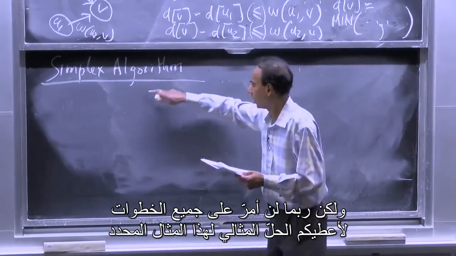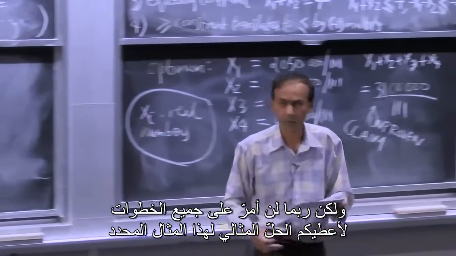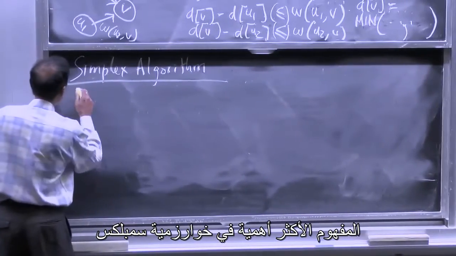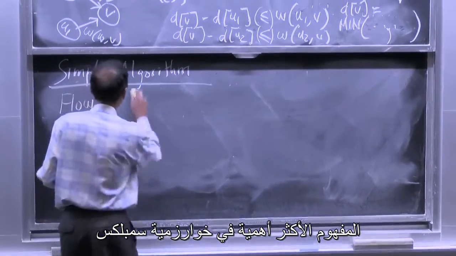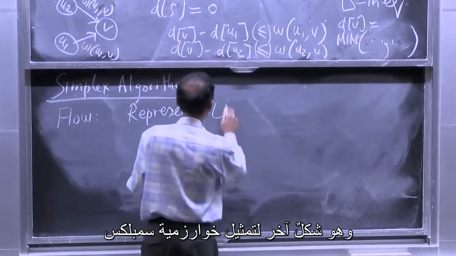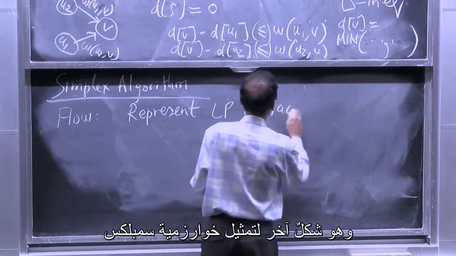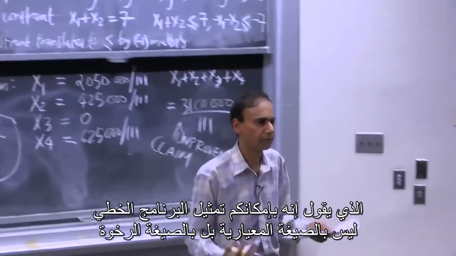But I may not get through all of the steps to get you the optimum for this particular example, given how much time we have. The most important concept in simplex is yet another form of representation, which says that you can represent the LP not in standard form, but in slack form.